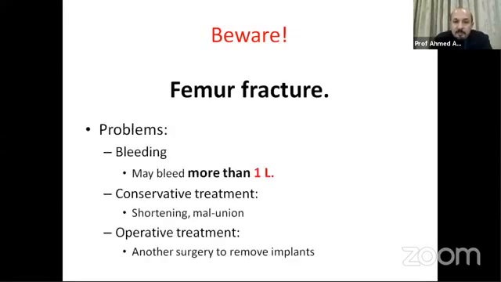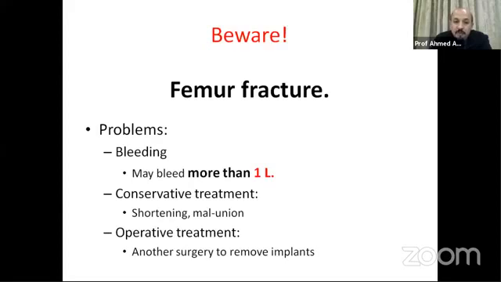Please be aware that femoral fractures have a lot of problems. Bleeding. Don't forget that a femur can bleed more than 1 liter. 1 liter is a huge amount when compared to the volume of circulation of a child.